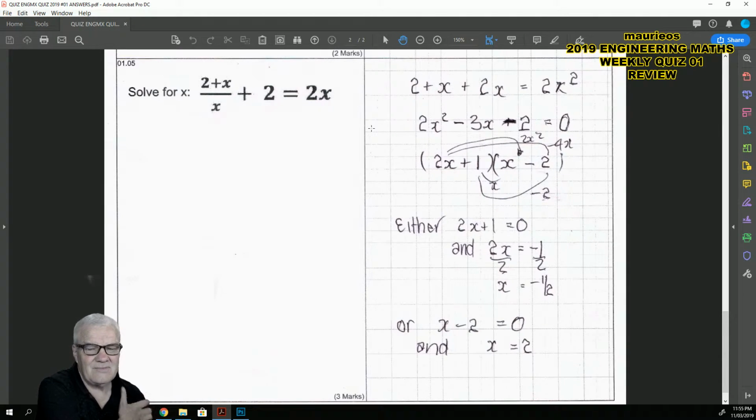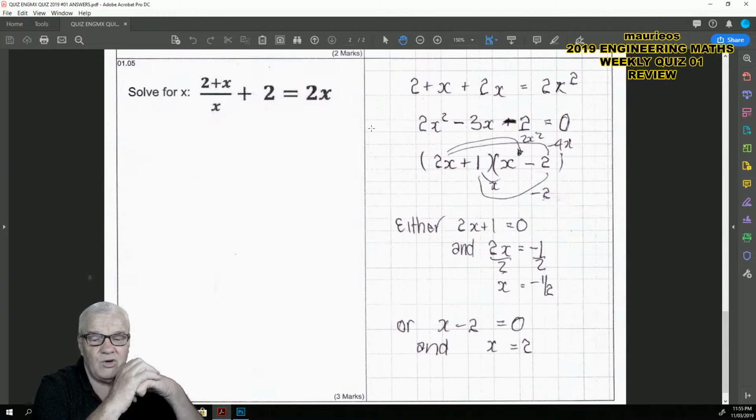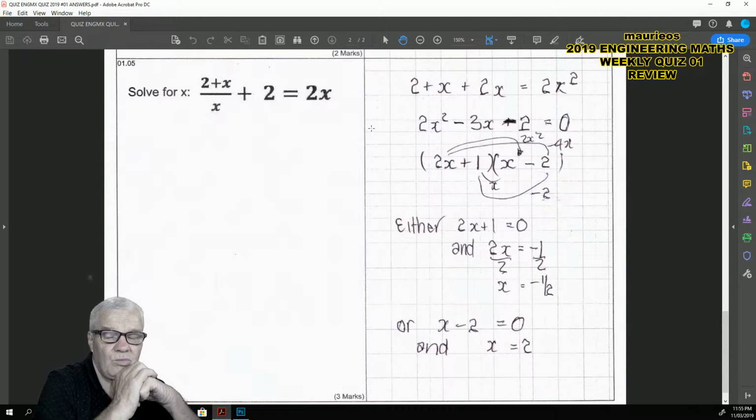Now, any equation, you can multiply it by any number and it'll still be equal. So just think of something simple, like 1 plus 2 equals 3.